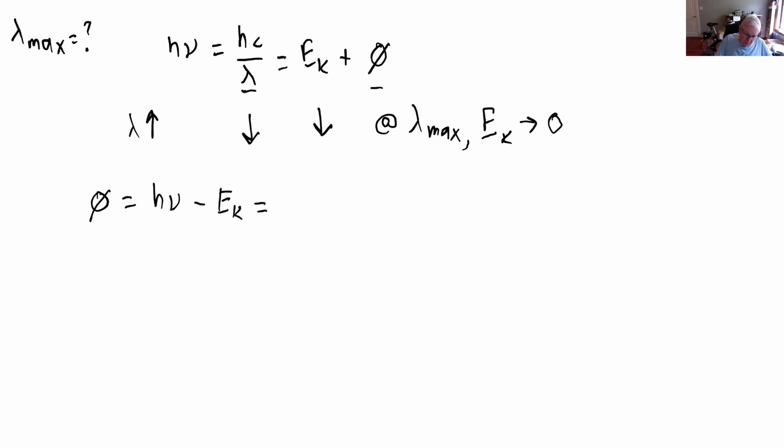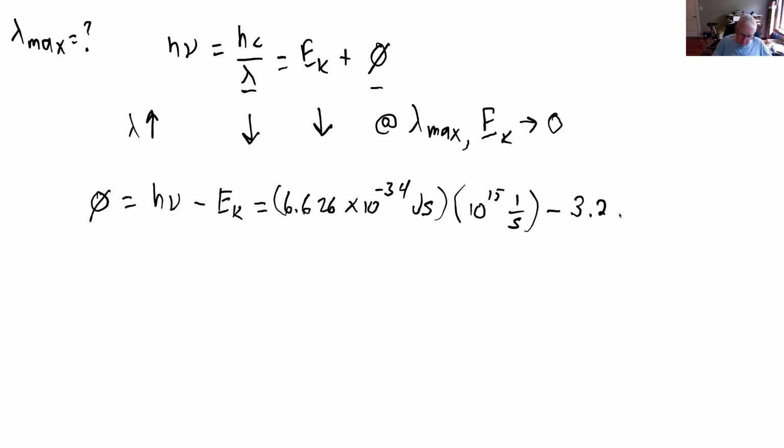right? H is 6.626 times 10 to the minus 34th power in SI units, which are joule seconds for that quantity. Nu was 10 to the 15th given as hertz, but let's just call that 1 over seconds. And then I have minus the kinetic energy, which we just converted to joules. So that's 3.2 times 10 to the minus 19 joules.